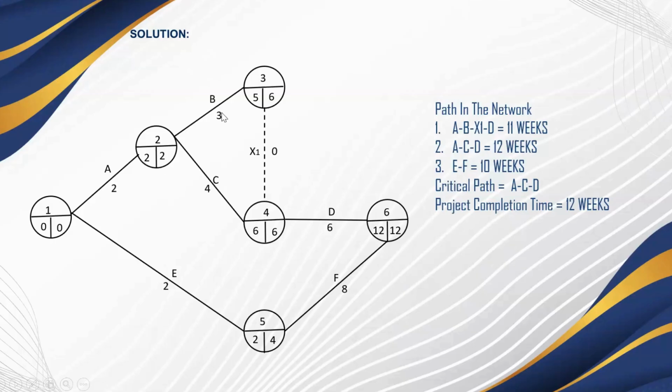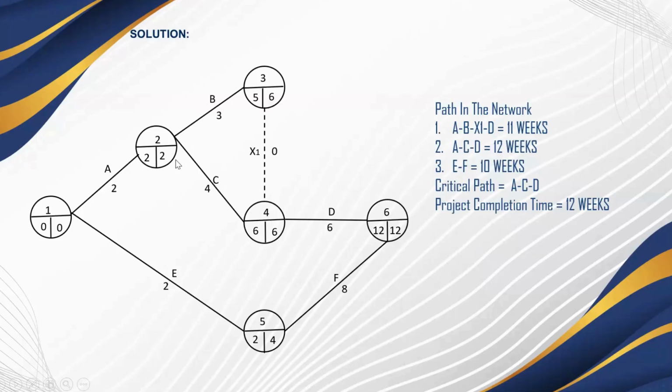2 plus 3, so we will get 5. In this we have 2, so we will put it here 2, and for that 2 plus 8, we will get 12. 12 minus 6, 6 minus 4, 2.